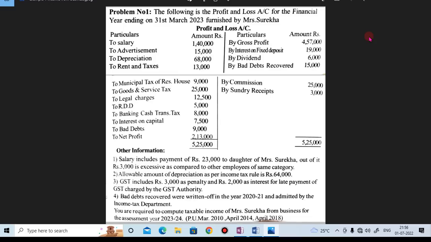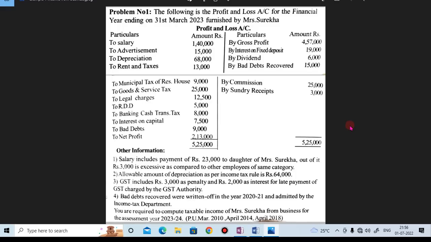In this video we are going to solve one example of income from business. So this is the example on the screen. In my last lecture I have already told you that if the problem is of profit and loss account or income and expenditure account, that means you have to compute the income from business.